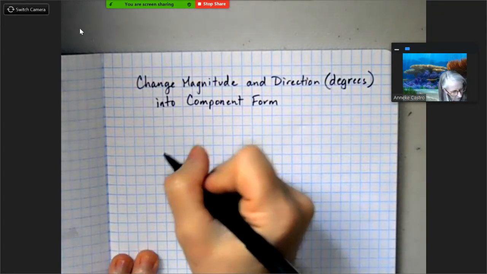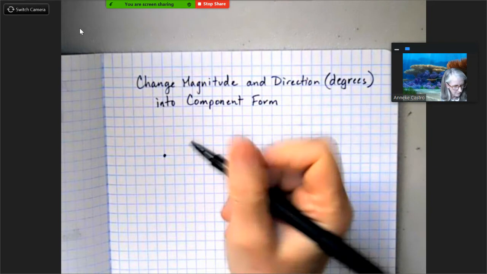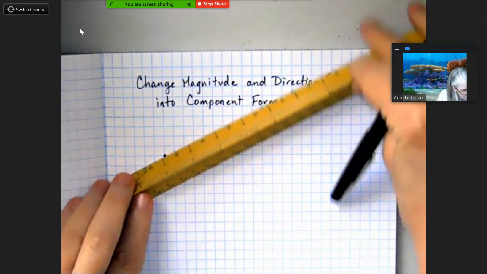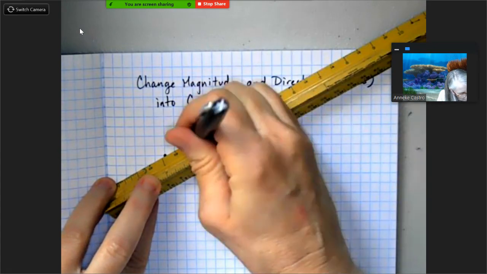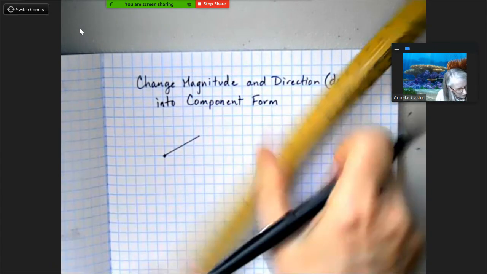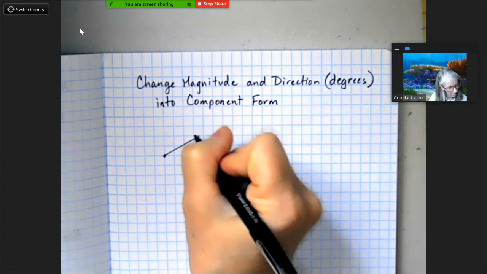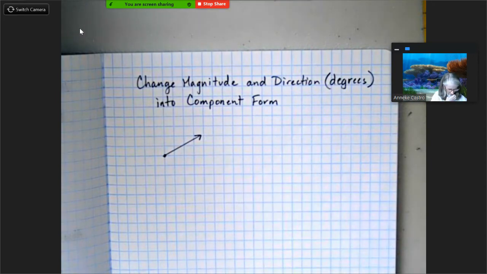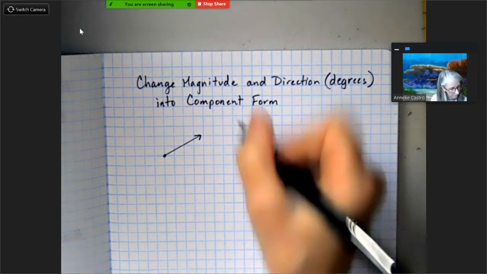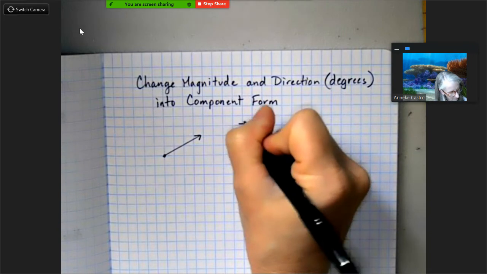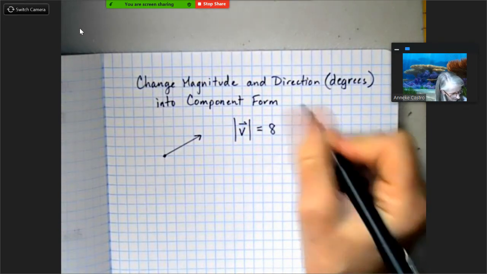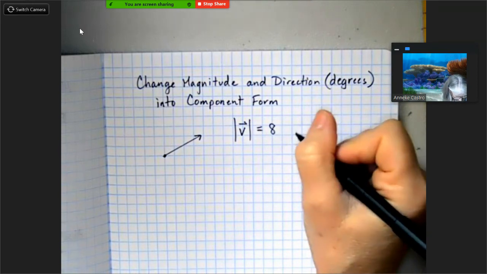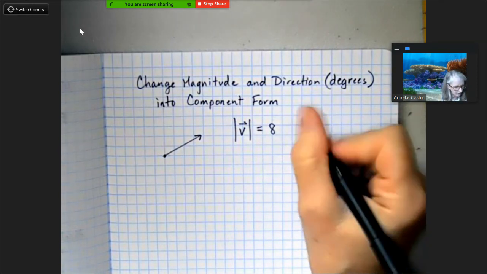So say I'm given a vector, and by the way, this is not going to be drawn to scale. I'm just going to sketch a vector on here. Let's not do anything pretty so you can't try and count spaces. Here's a vector, let's call this vector v. Vector v has a magnitude of 8, and it is at an angle of 35 degrees.